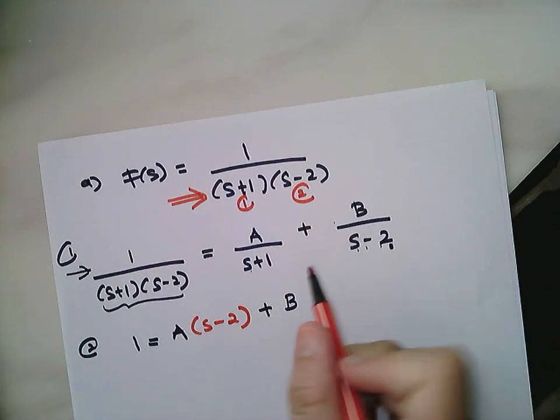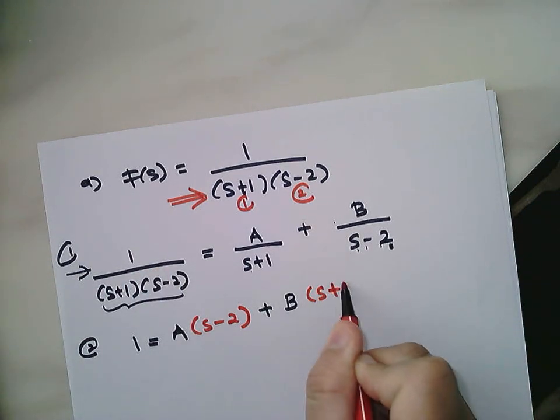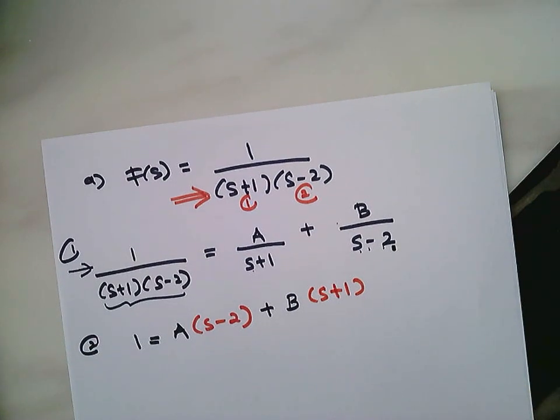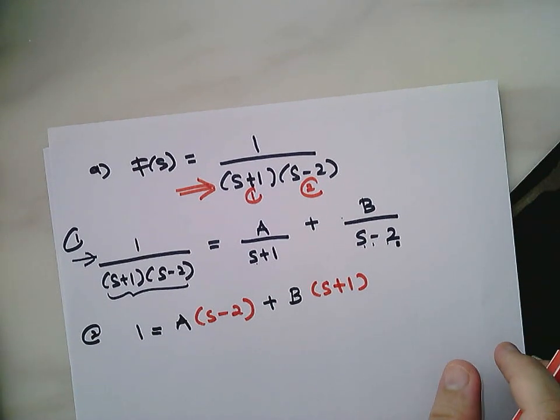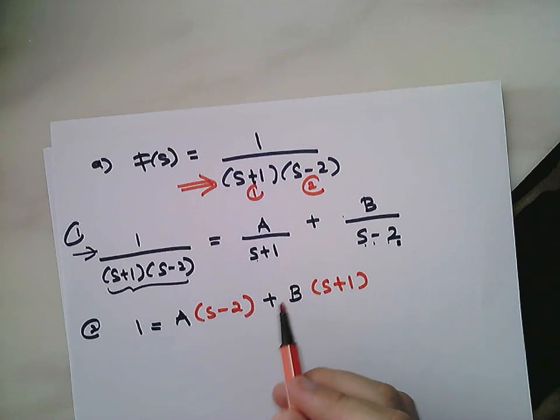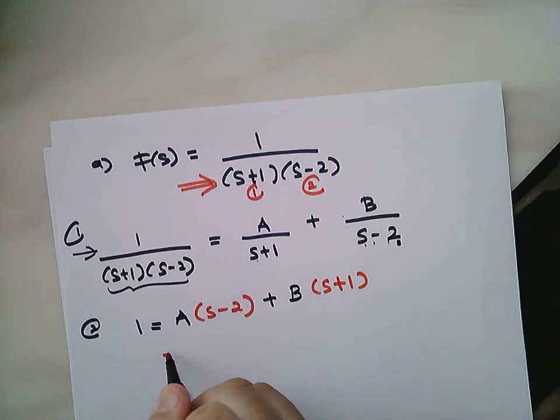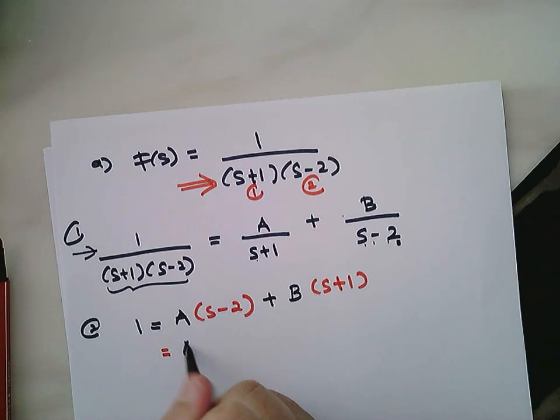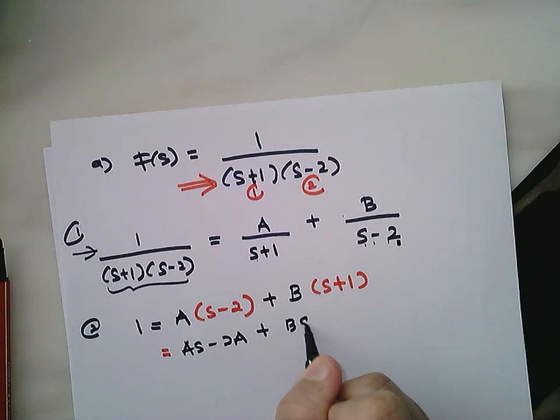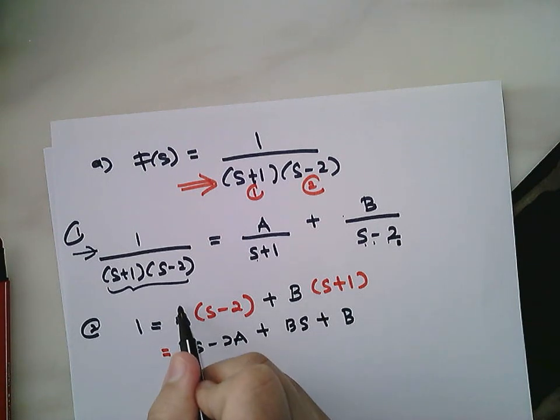So that's why you need to multiply by s plus 1. Okay, so the next step is expand the whole expression here. So you will have As minus 2A plus Bs plus B. Okay, just expand.